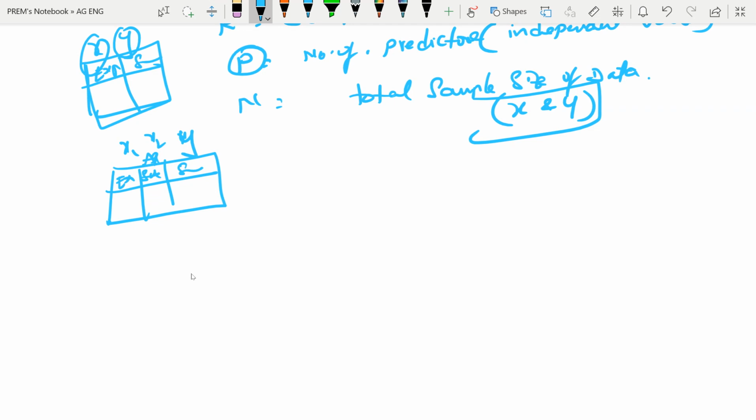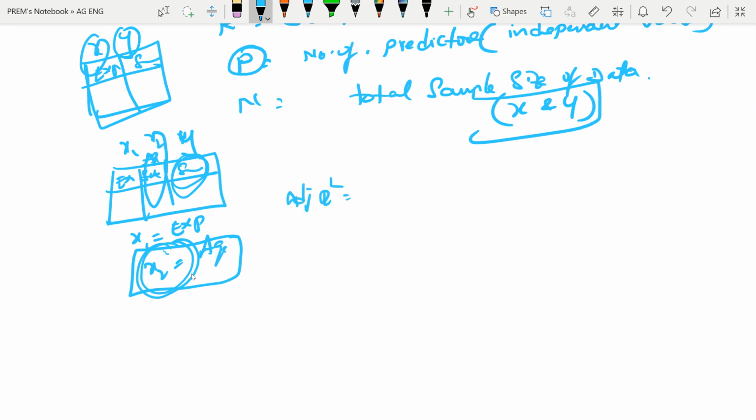So here in this table I am adding one more independent variable, that is x2. x1 is experience, and x2 is the age. If we add one more feature to the data set and this feature is not relevant to the target variable, then adjusted R square will be decreasing.